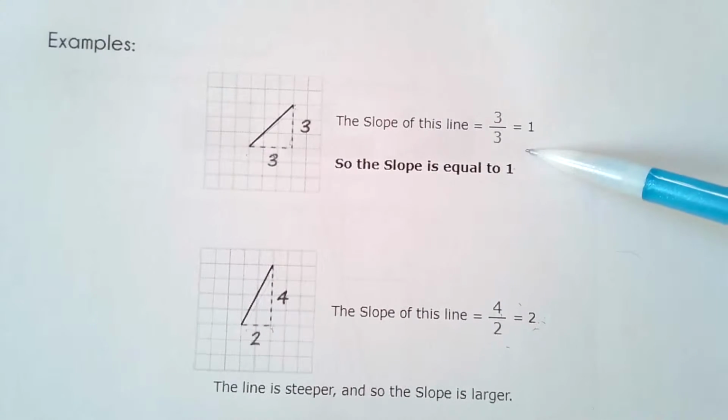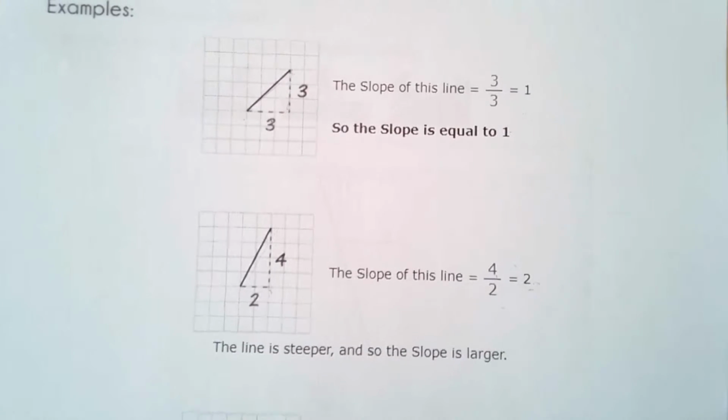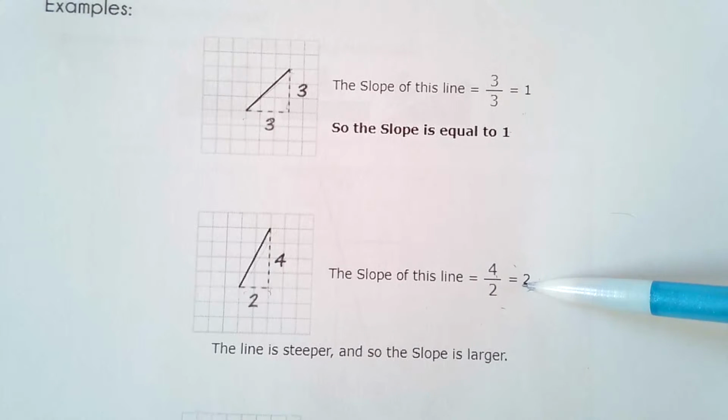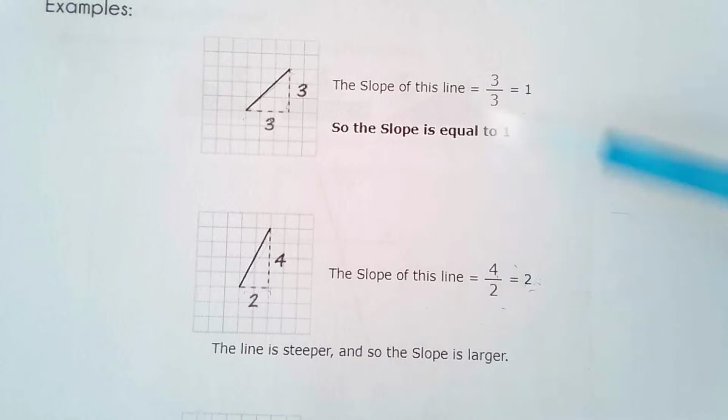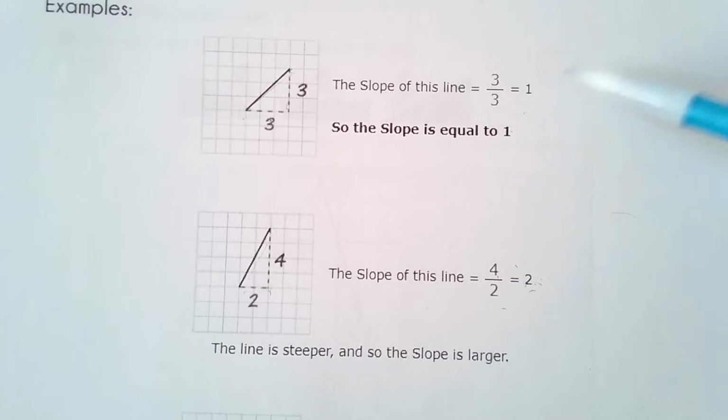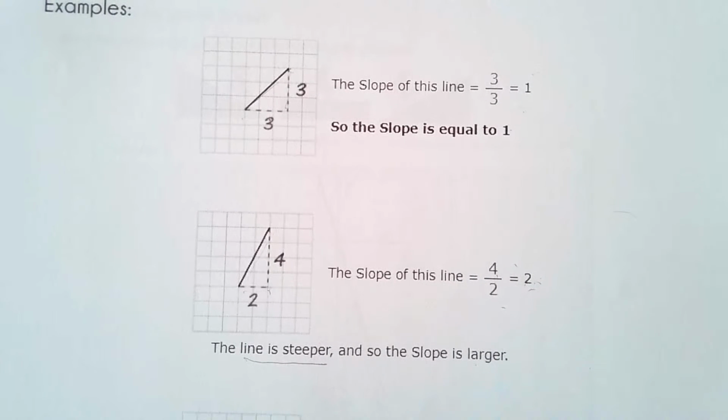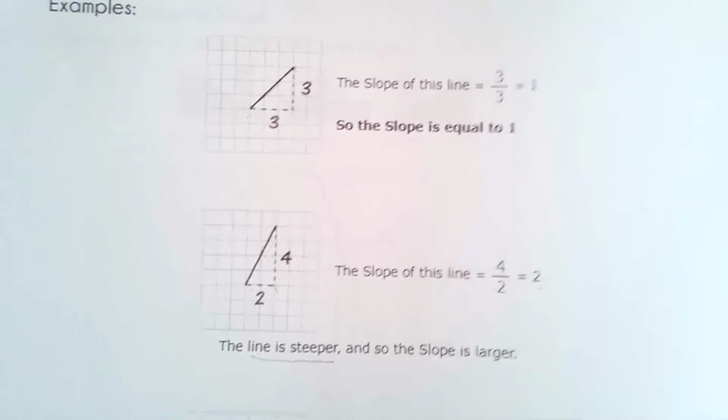A slope of 1 is much steeper than a slope of 0.6, but not as steep as the slope of 2. So the value of the slope tells you the steepness of the line. The line is steeper, so the slope is larger. The larger the slope, the steeper the line.